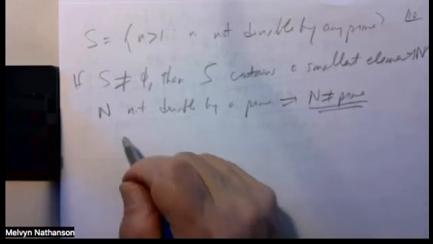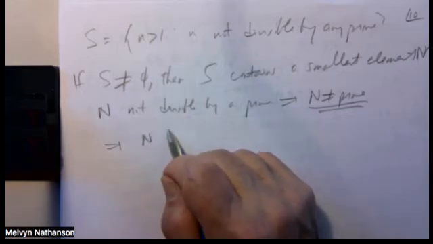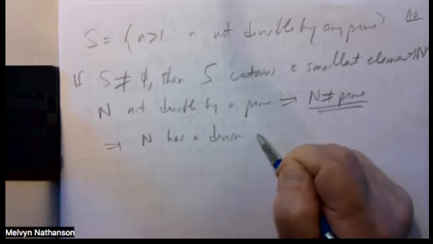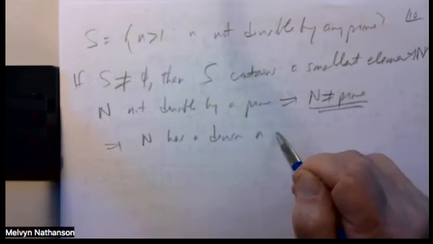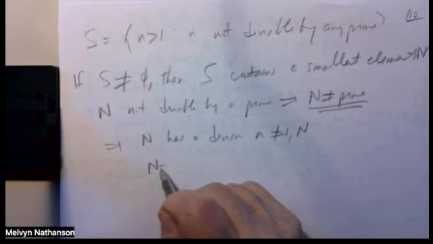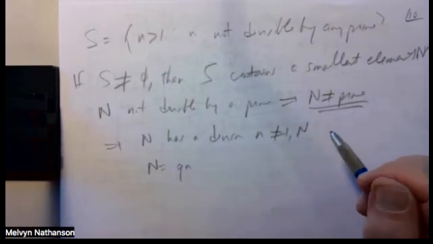But if N is not prime, that means N has a divisor little n different from 1 and capital N. That is, N is equal to Q times little n.